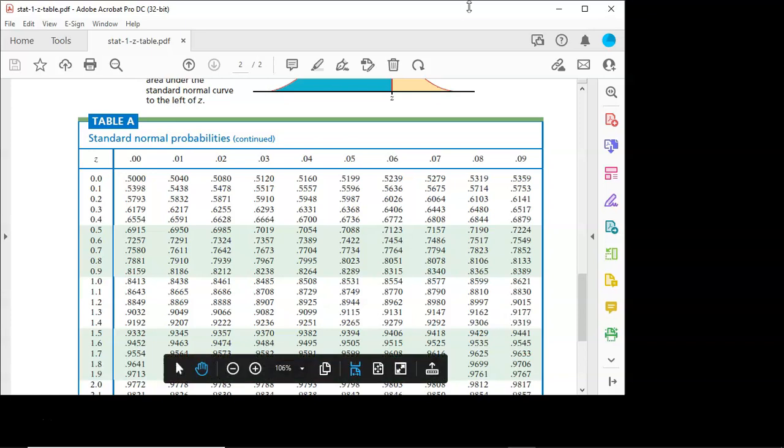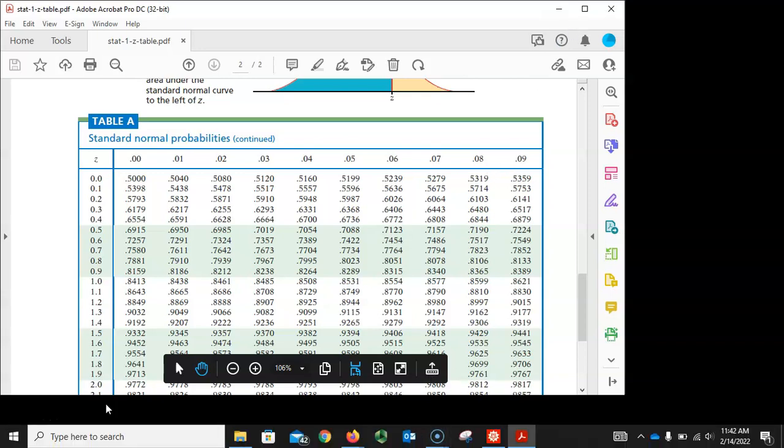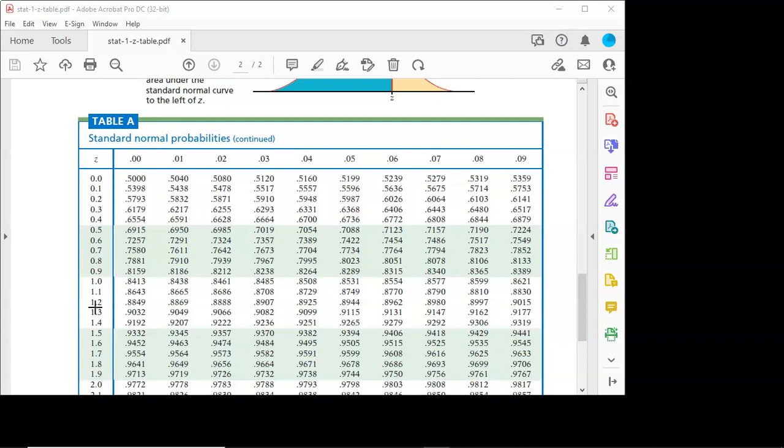Let's see. How can I get pictures here? So 1.2 is here. And then 1.28. And then 1.29.